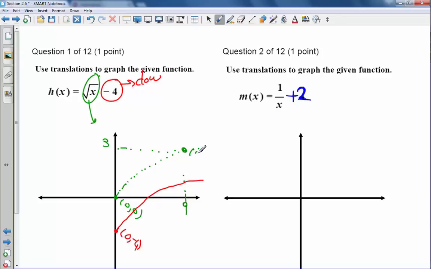So this is 9, 3. What will be the new one? So you see, I'm wrong. Because if I move 4 units down, where is it going to be? Take 4 off. 9 comma -1. 9 comma -1 is here. So you see, I was too high.